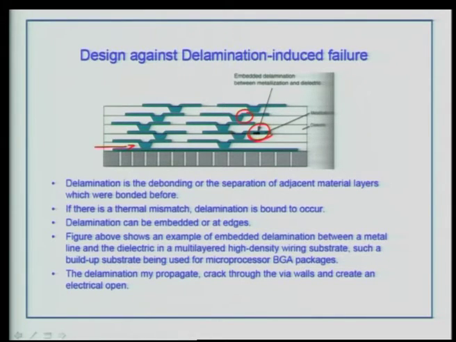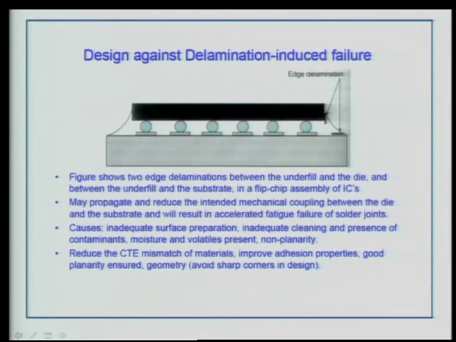Understand the kind of material that you are going to use, thickness of copper plating, thickness of planes, thickness of inner layer dielectrics, and assume the load that it will be expected to withstand, and then try to do a simulation and design against this kind of failure.